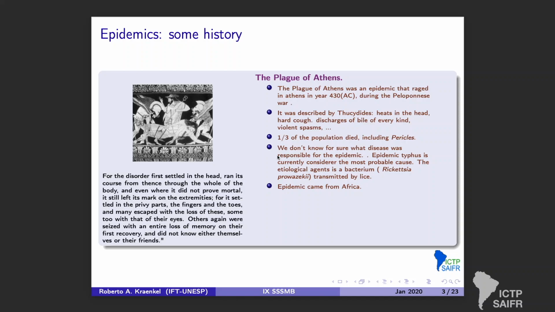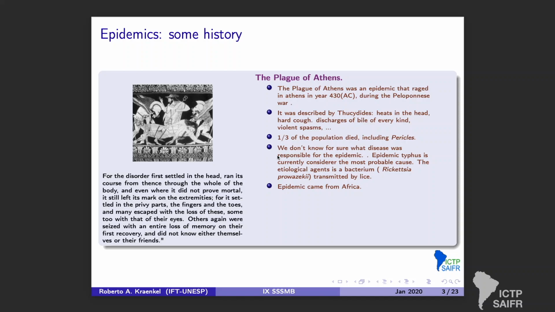And there are still discussions about this. What was the disease? It's difficult because you have only this kind of description, which is not exactly a medical description. It's just like a historian.